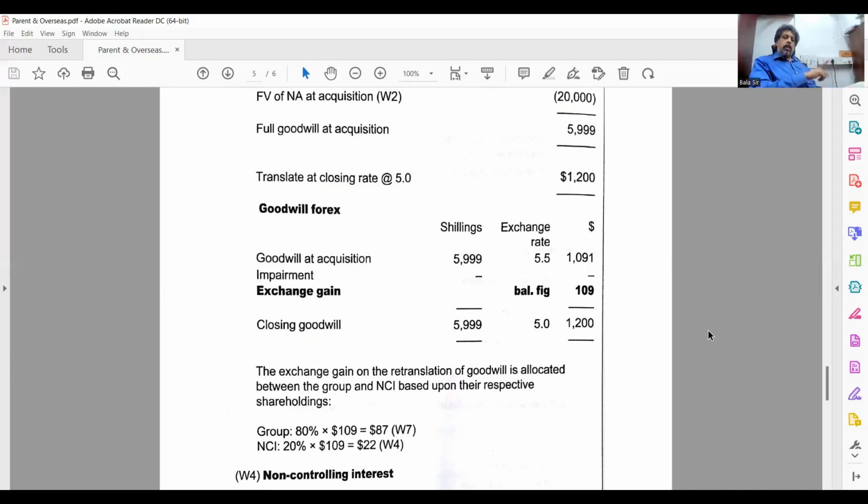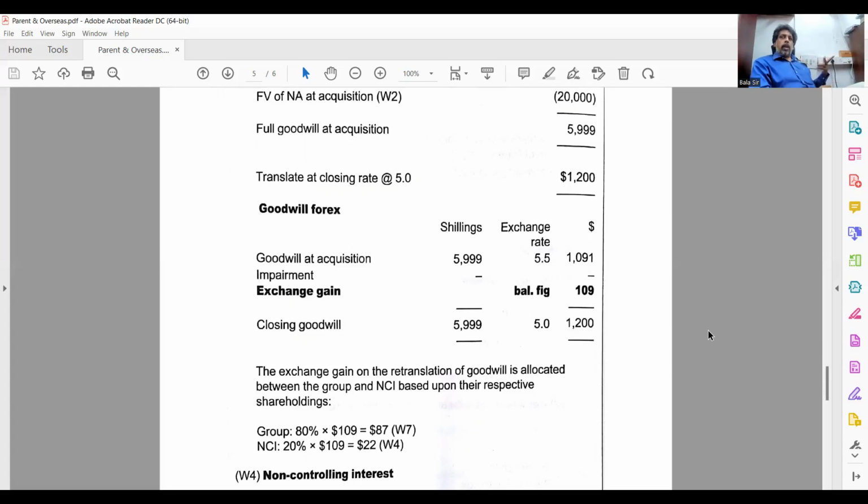But here, since it's the full goodwill method, where the non-controlling interest has been measured at fair value, the exchange gain on retranslation of goodwill belongs to both the parent shareholders and the non-controlling interest, right?